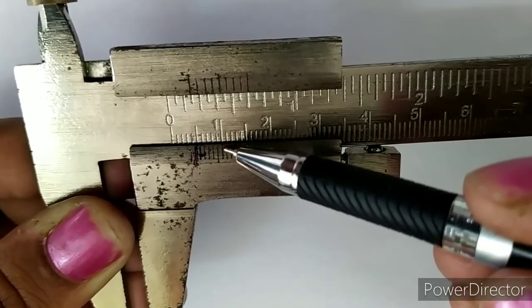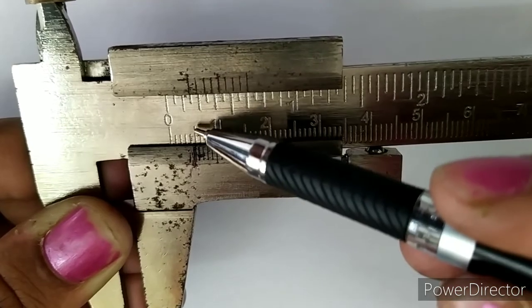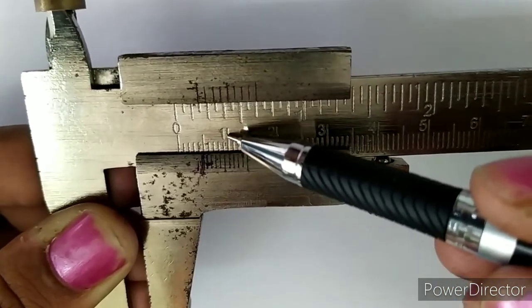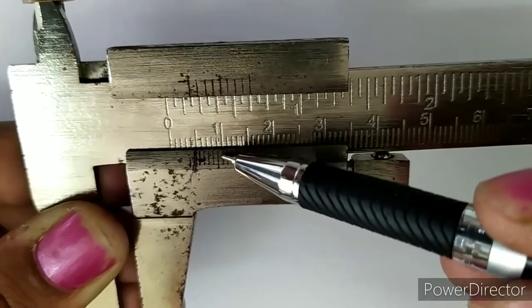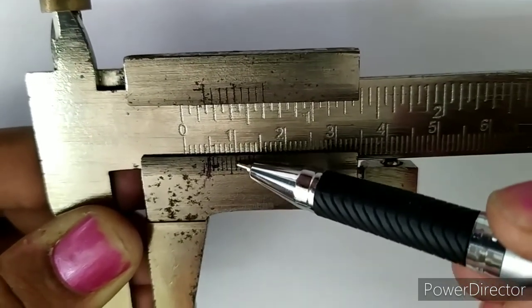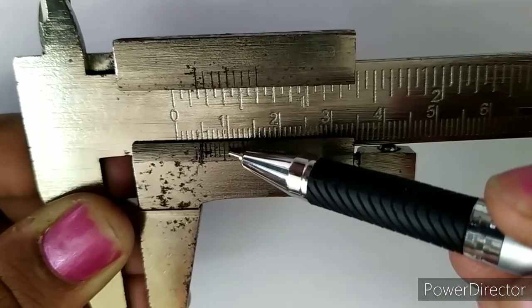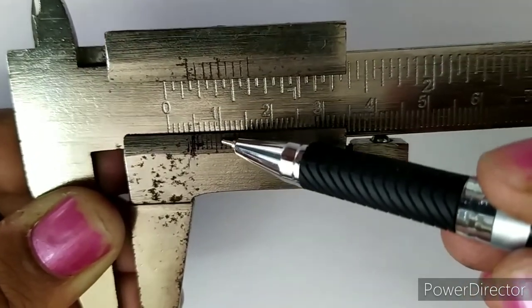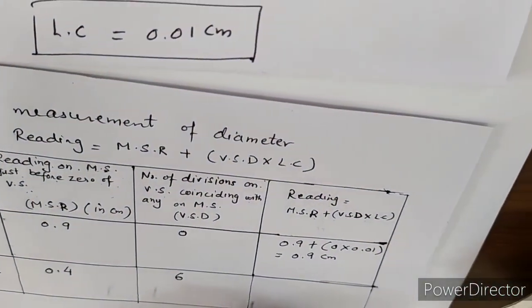Please be careful in noting the vernier scale. We do not bother about this main scale. It can be any division, but we have to note the division on vernier scale which is coinciding with any of the main scale. So the best coinciding is sixth. So we will write 6.